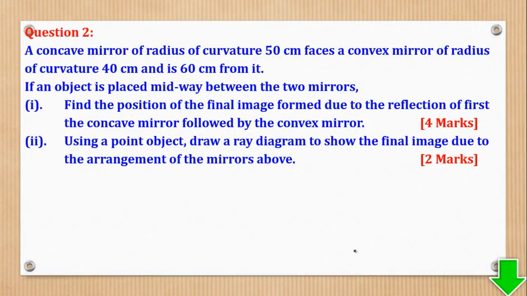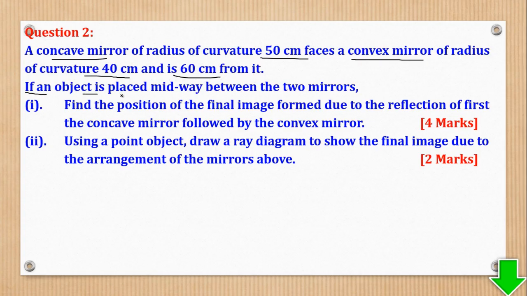Then question 2 says a concave mirror of radius of curvature 50 centimeters faces a convex mirror of radius of curvature 40 centimeters and is 60 centimeters from it.